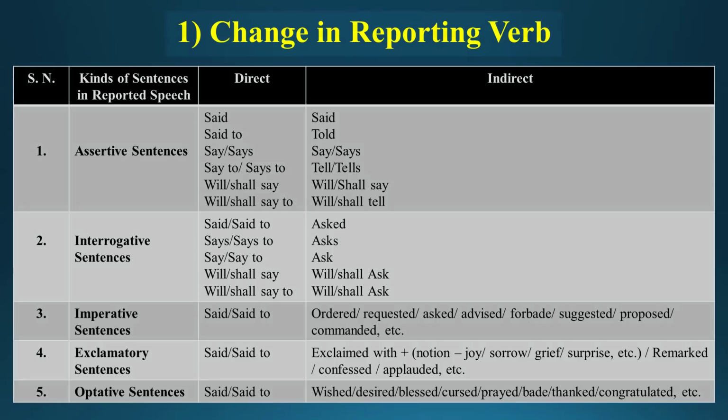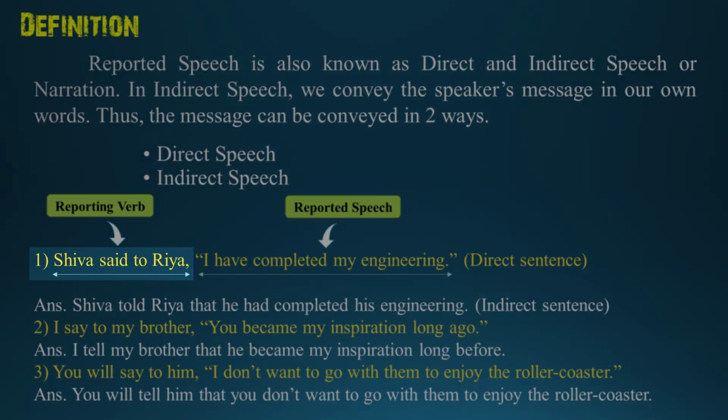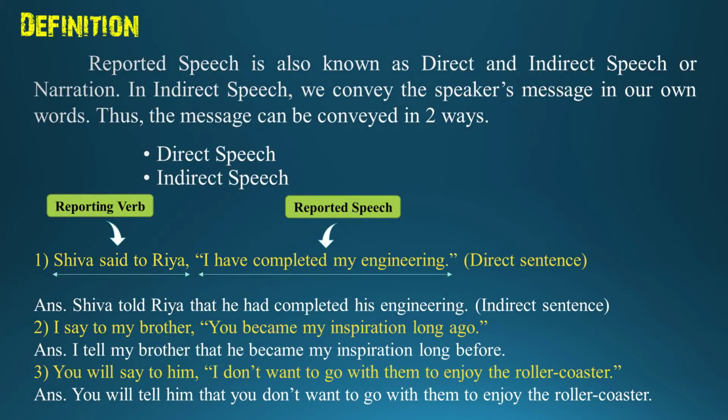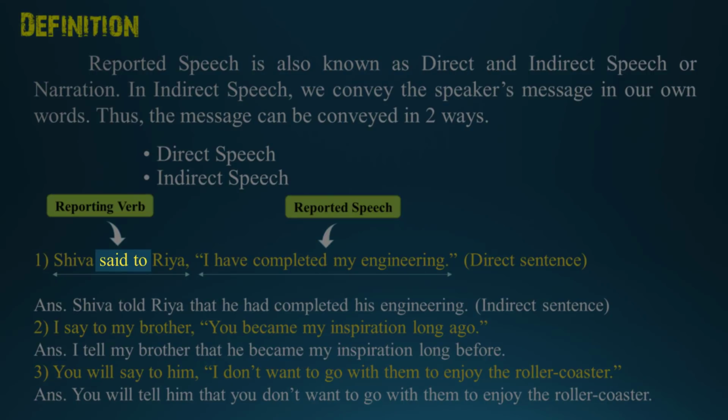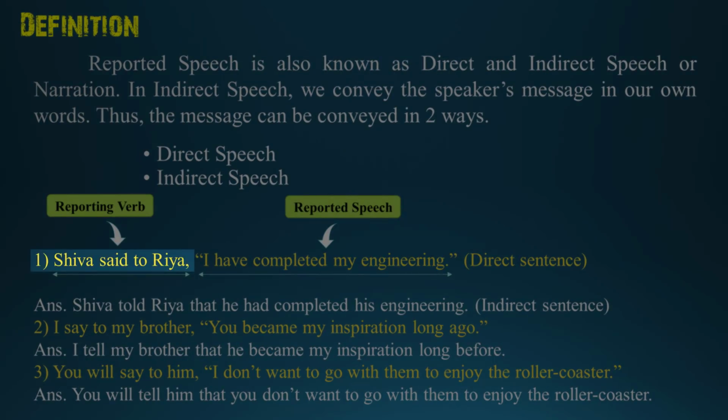First thing, change in reporting verb. As you remember, reporting verb is this part. So what kind of changes occur in reporting verb while changing the sentence into indirect sentence? See carefully this: said to, say to, will say to. In the first one, there is past tense, said to.